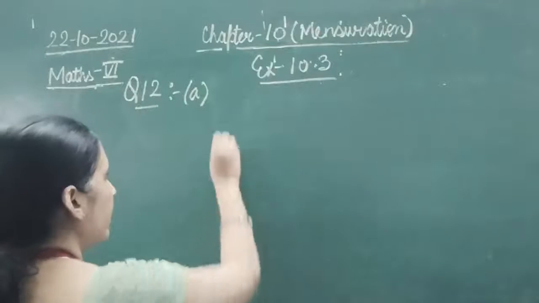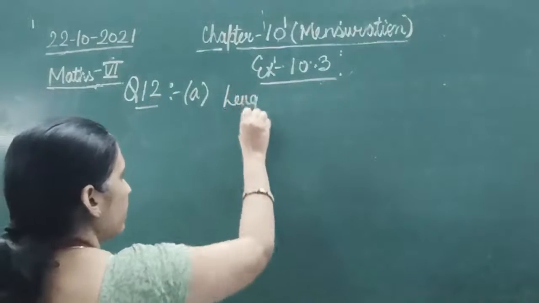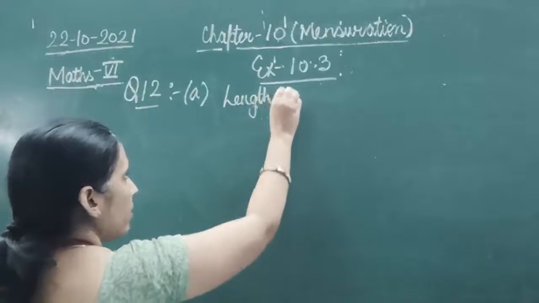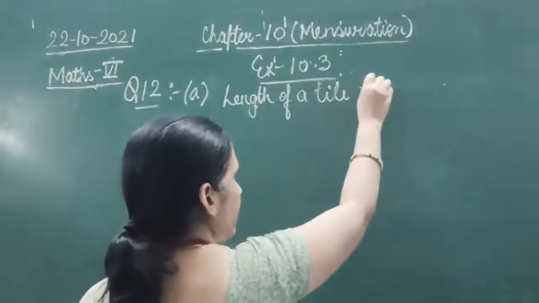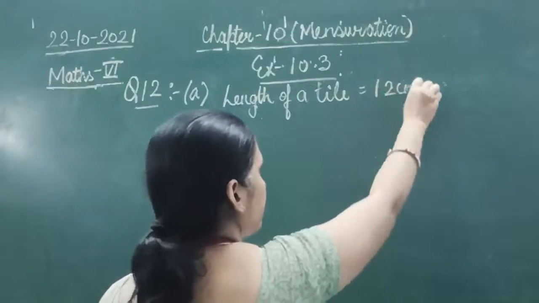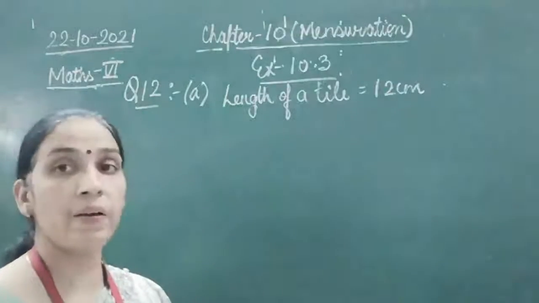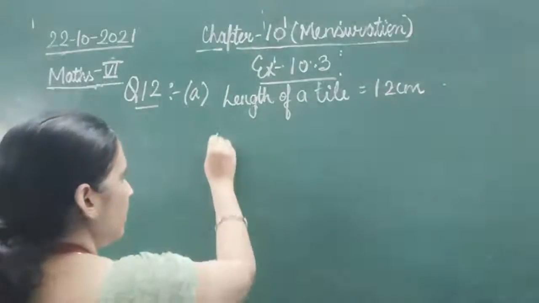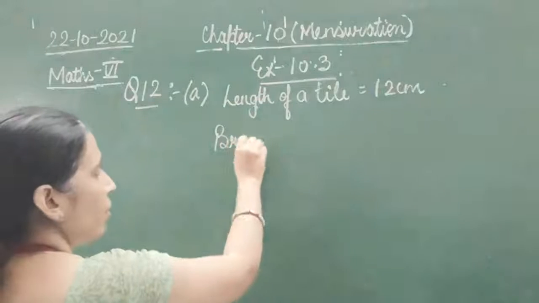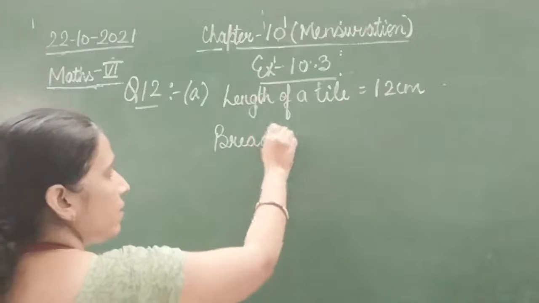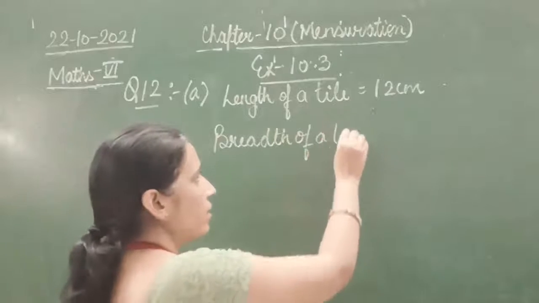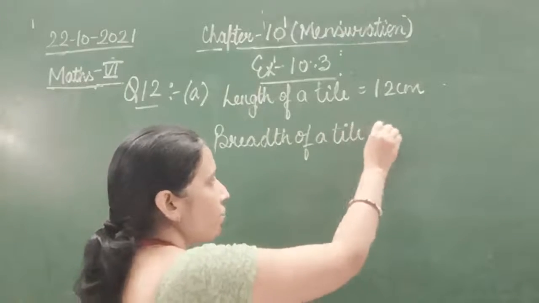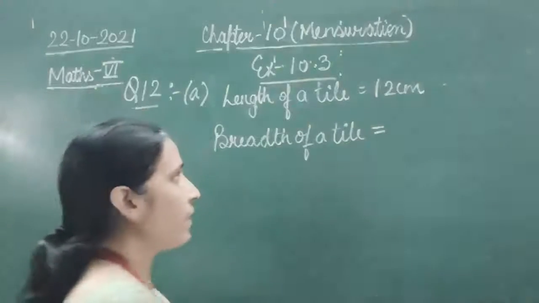So we'll write the length of a tile, that is 12 centimeter. Then the breadth of a tile, what is the breadth? That is 5 centimeter.